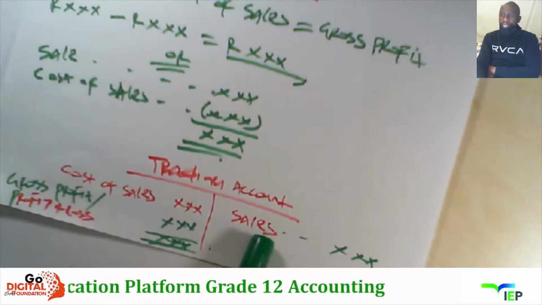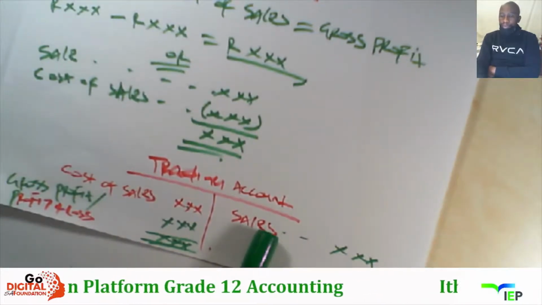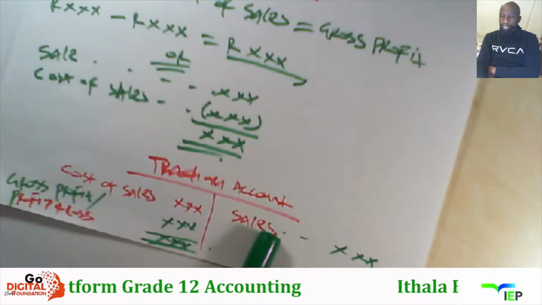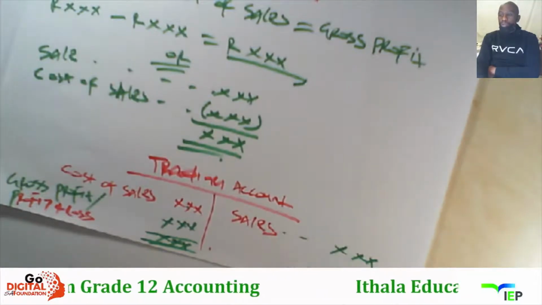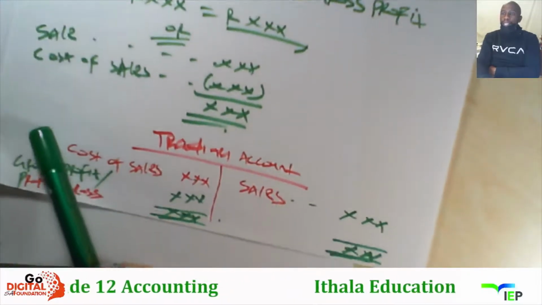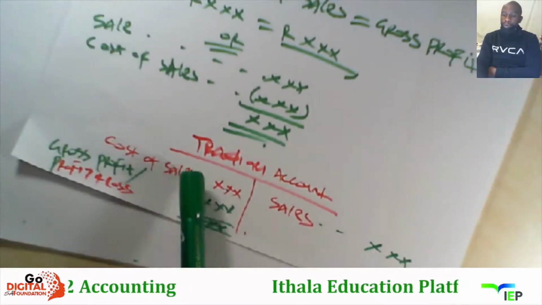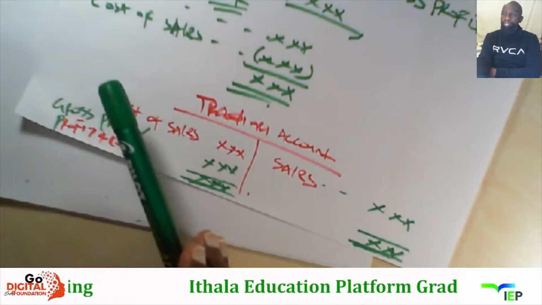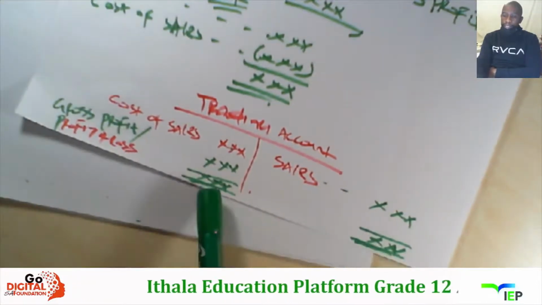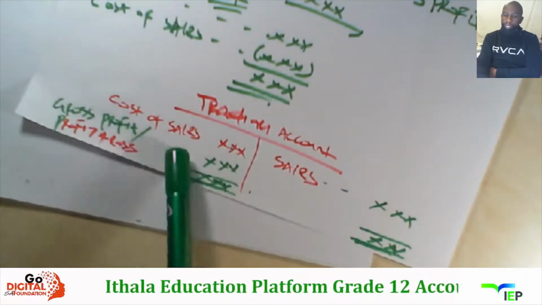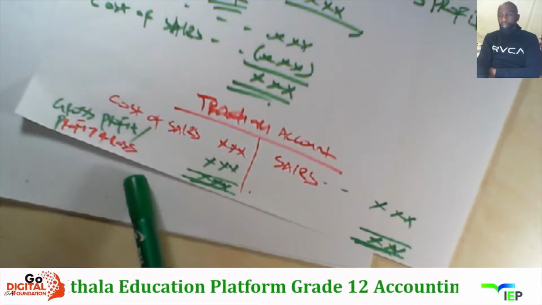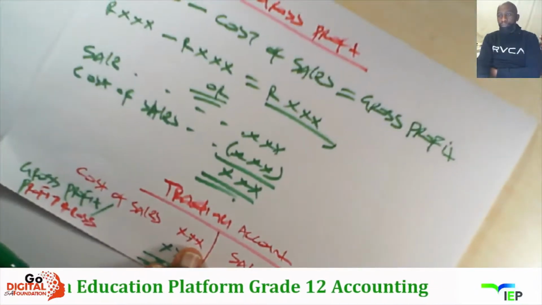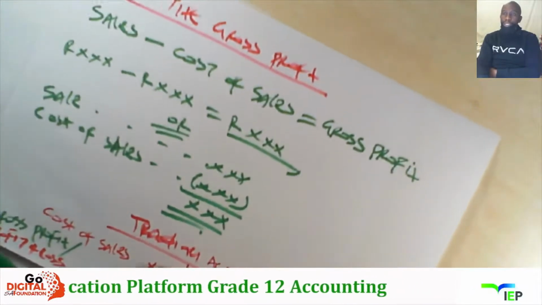You write the sales here. Sales are income. We're assuming that we're selling on cash, right? The difference between the cost of sales and the sales is equal to gross profit. So therefore you balance this, and you get gross profit. Very important.